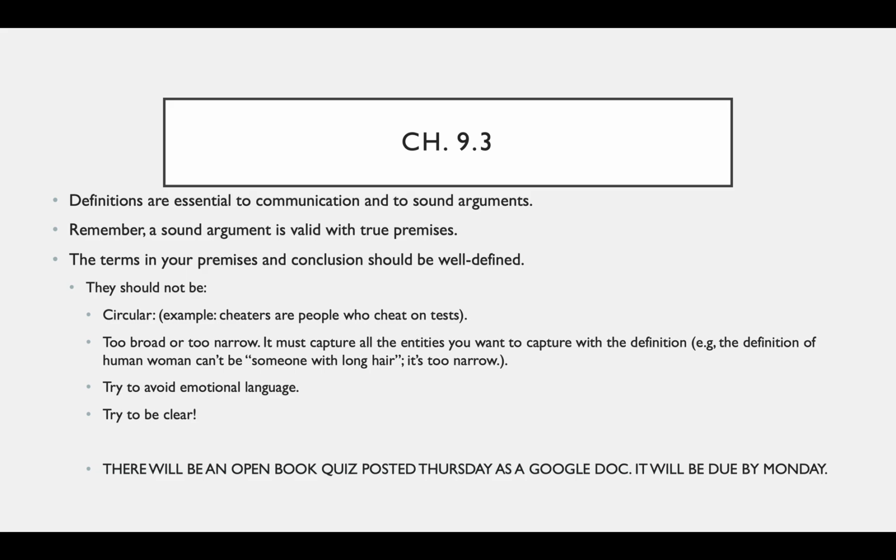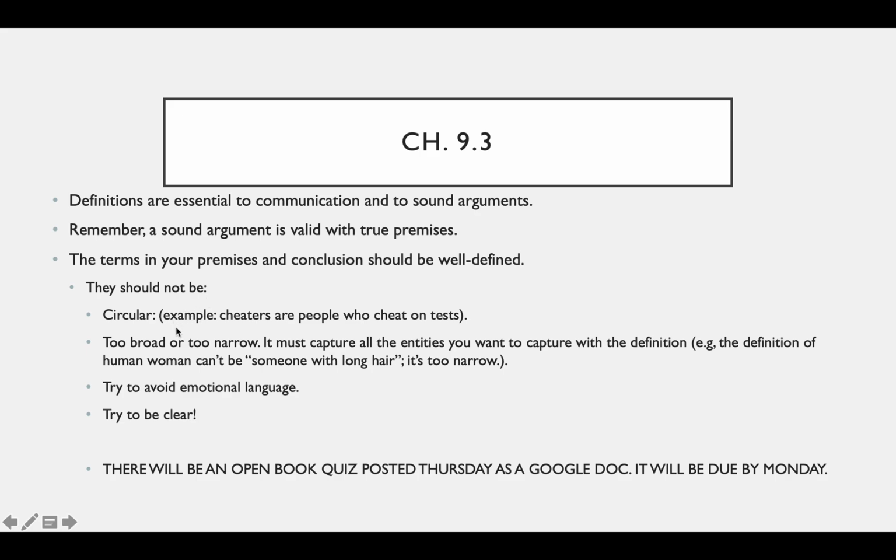So you don't want to give bad definitions or use terms that don't really convey what you mean, because you want good communication and you want sound arguments. So again, a sound argument is valid with true premises. You want your premises to be true, and part of them being true is that you use the words correctly, and part of using words correctly is that you have good definitions.